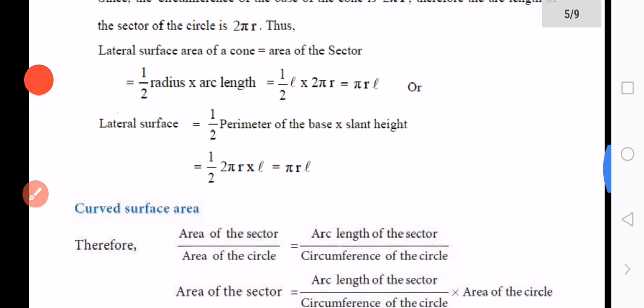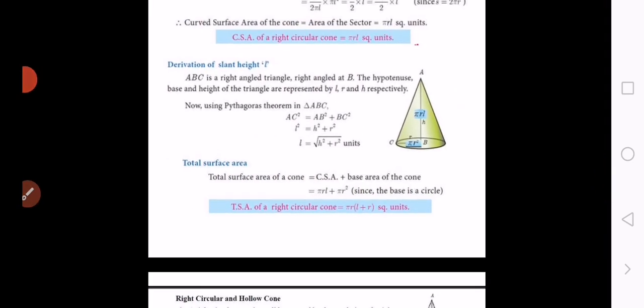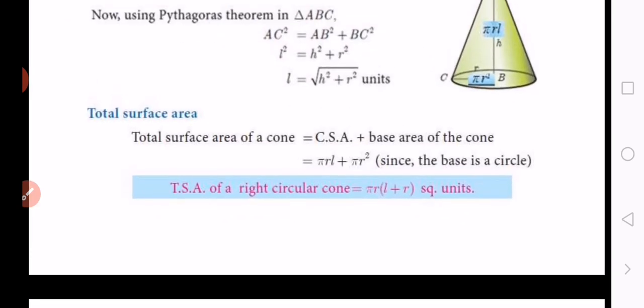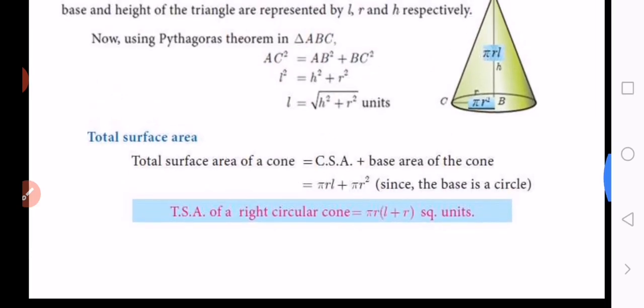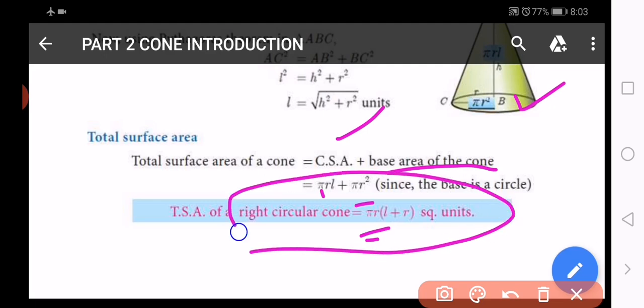And the total surface area of the right circular cone is equal to the curved surface area of the cone plus the base area of the cone. In the cone, there is only one base, so pi r L plus pi r square. We take pi r as common, then the remaining is L plus r. So the total surface area of the cone is pi r into L plus r square units.